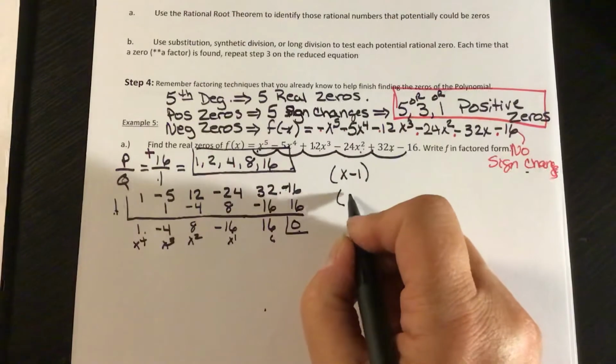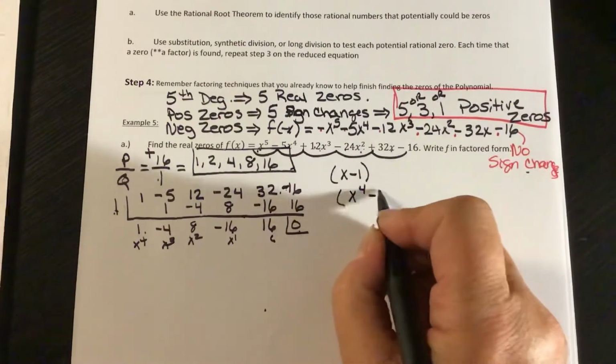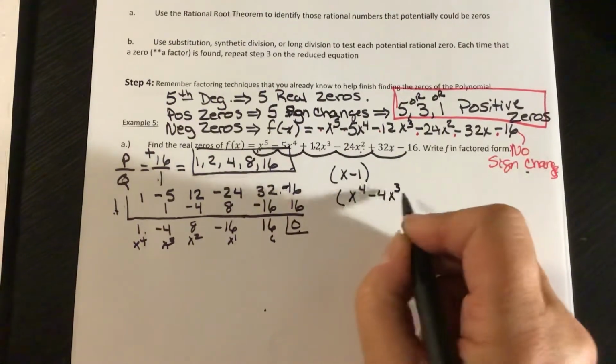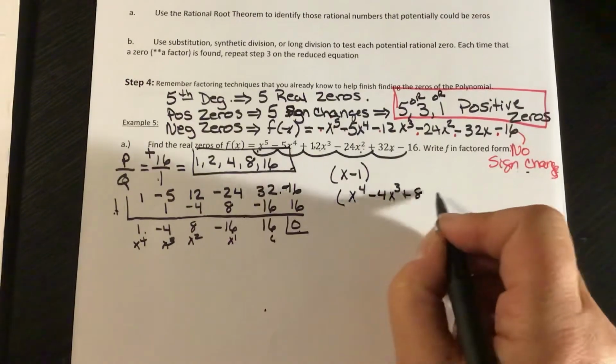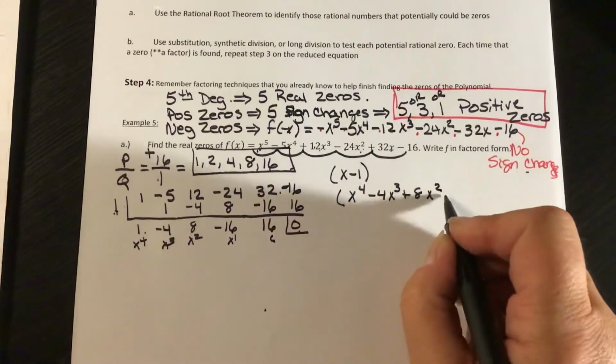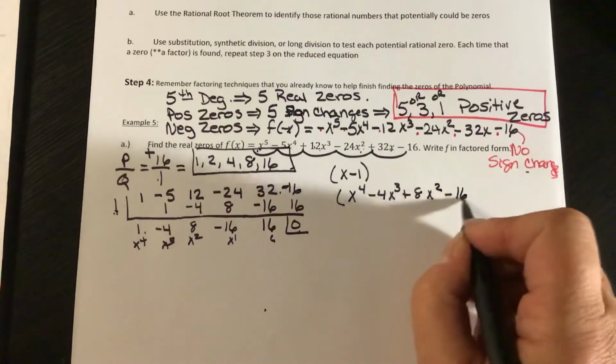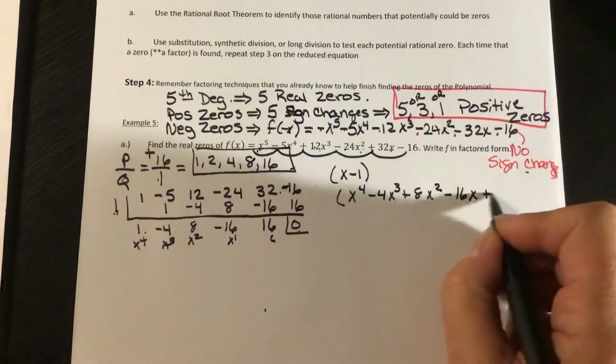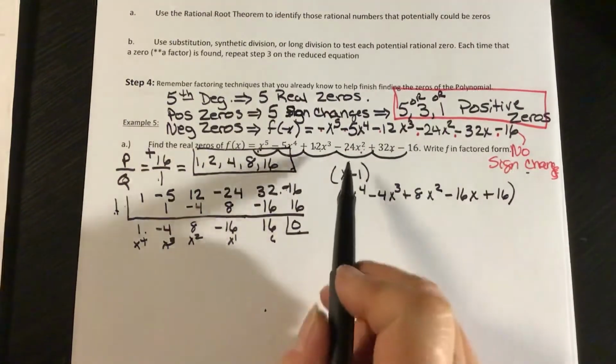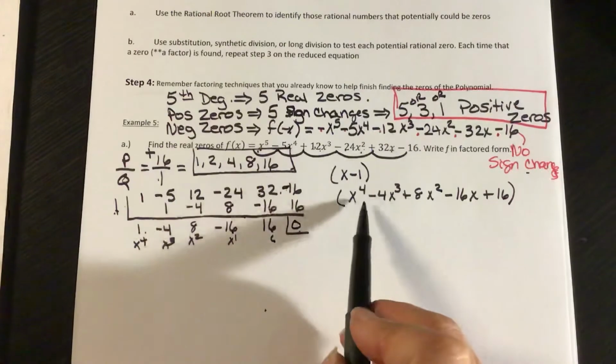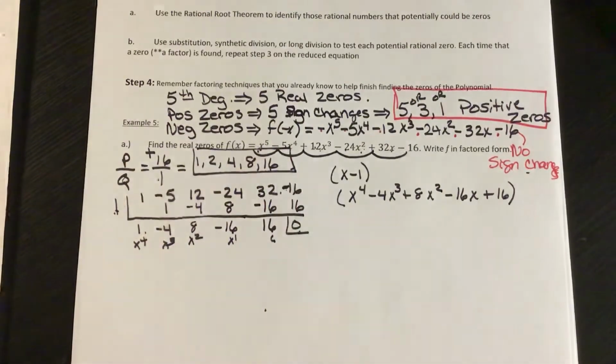So this would be 1x to the fourth minus 4x to the third plus 8x squared minus 16x plus 16. If I multiply these two together, I would get back to my original function.